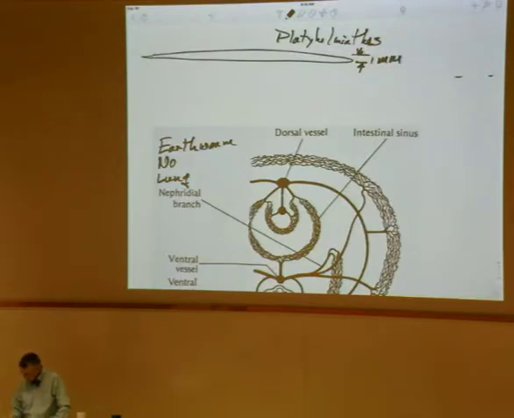That may be only a millimeter thick. Diffusion alone will work. Okay, that's why a flatworm is flat. It has no circulatory system. It has no way to move material around by bulk flow. It has no lung. It's got to be flat.